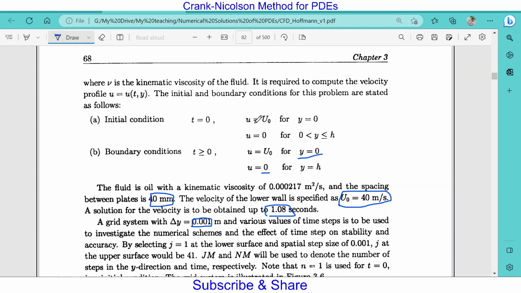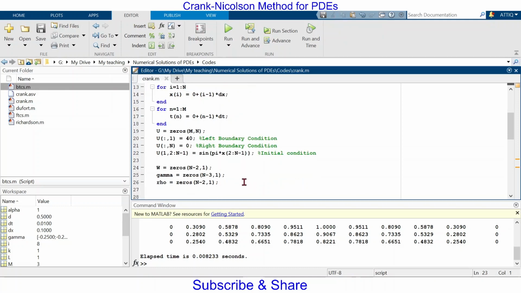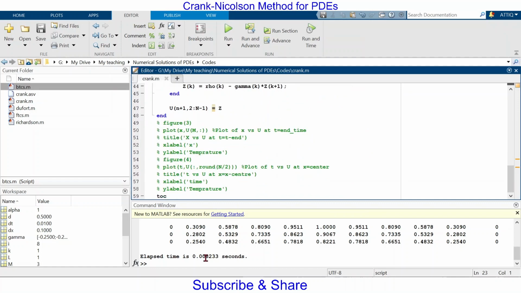And the initial condition, because this condition will overlap with the boundary condition, and we already take care of this, we are applying the initial condition on the inner nodes, not the boundary nodes. And that's it, and then we will run this code.